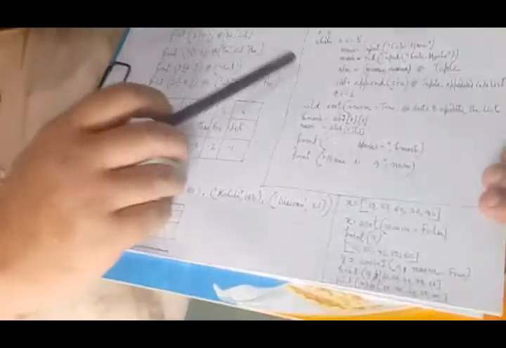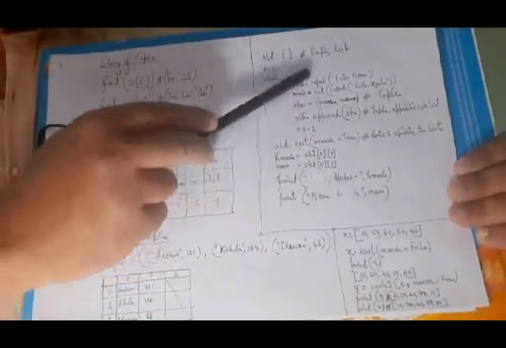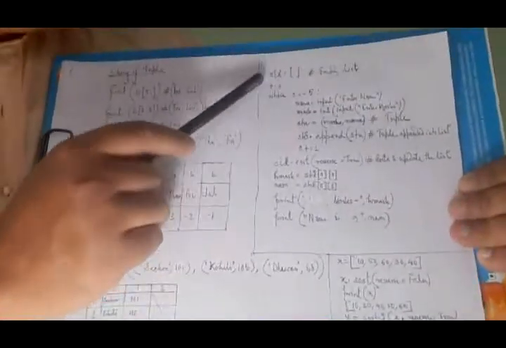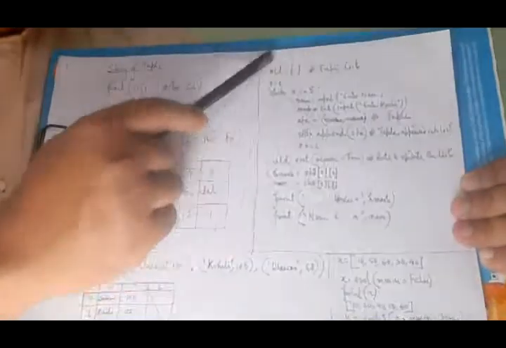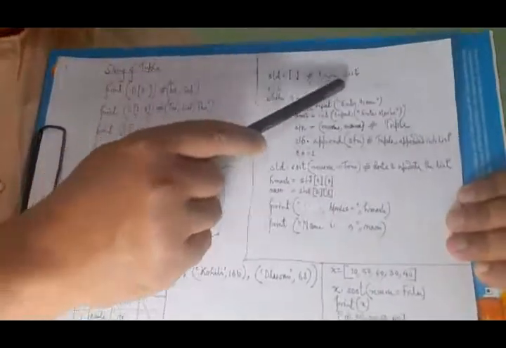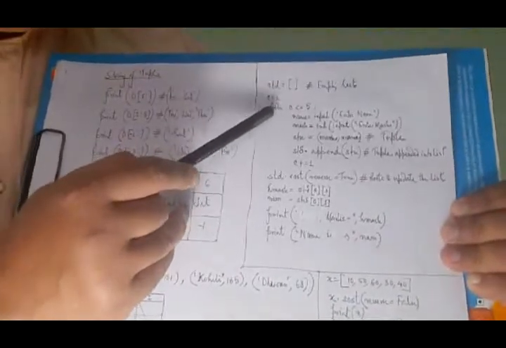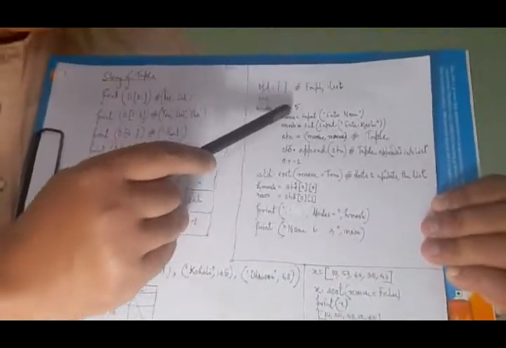Here is the question: write a program of inputting values and creating a multidimensional tuple or nested tuple and find the greater number and the name. So first we are creating a list. This is an empty list, as you know. Count is 1, while C is less than or equal to 5.